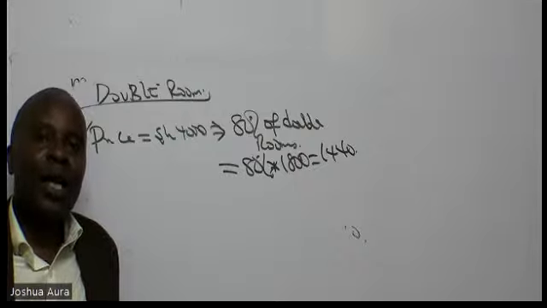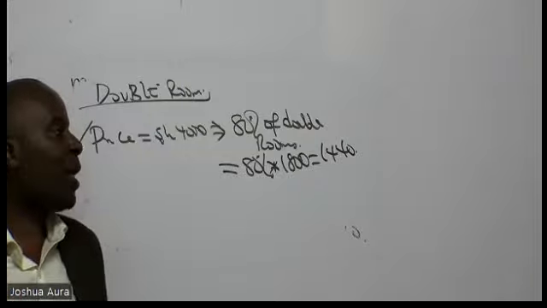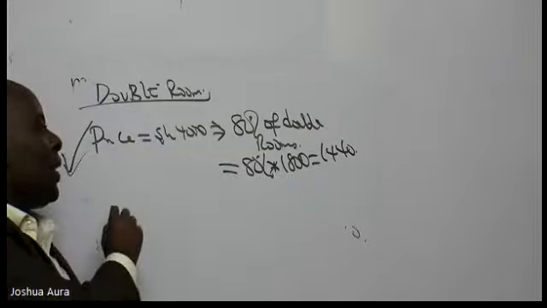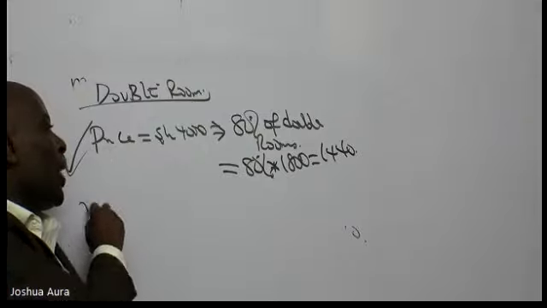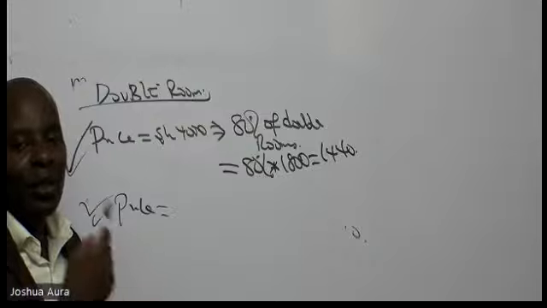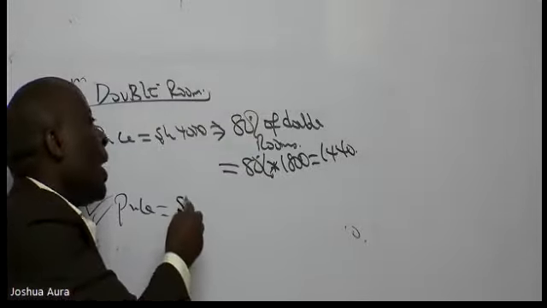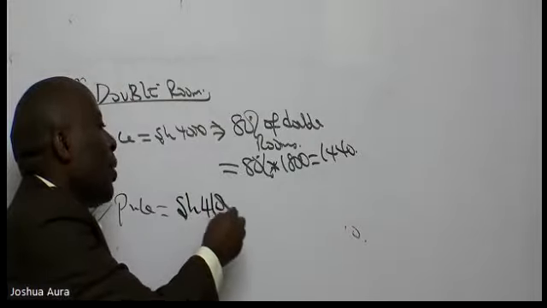A straight line, how many points do you need to be able to define a straight line? You need 2 points. The first price point has been provided. So I'll have to look for the second price where I'll use the information given that if price increases by just 100 bob, I'll talk of shillings 4,100.